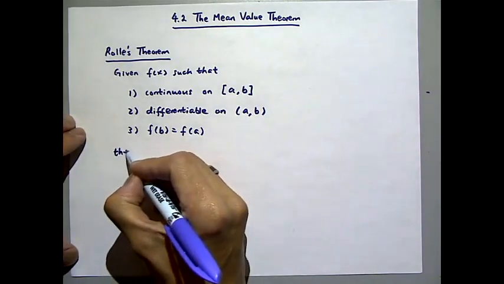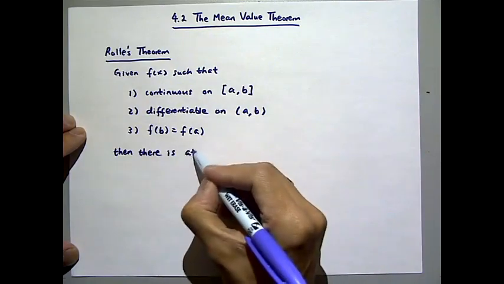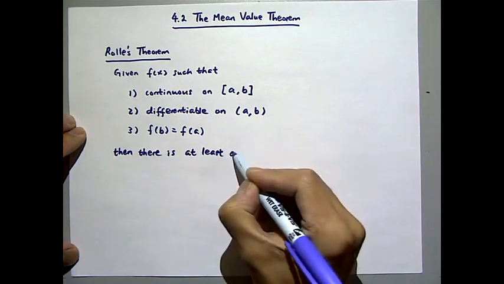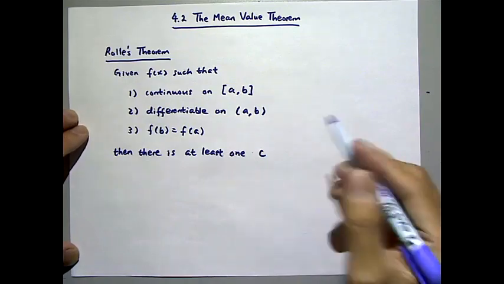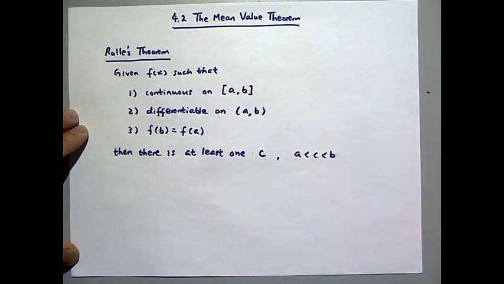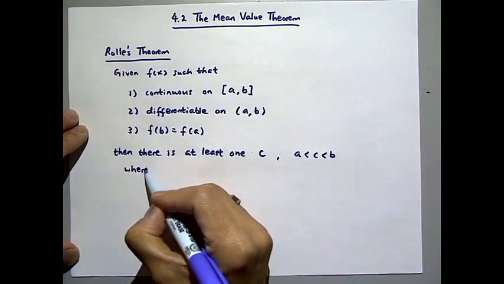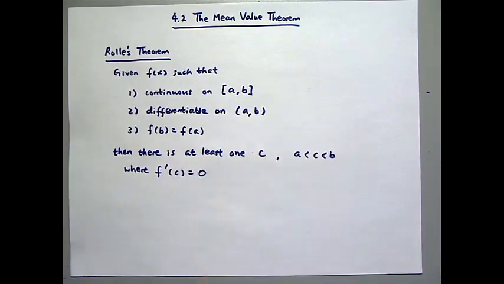Then there is at least one c, we'll call this number c, that's somewhere between a and b, where f prime of c is equal to 0. Okay, so that's Rolle's theorem.